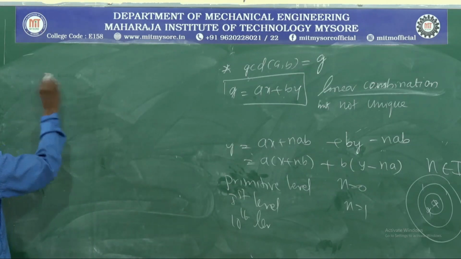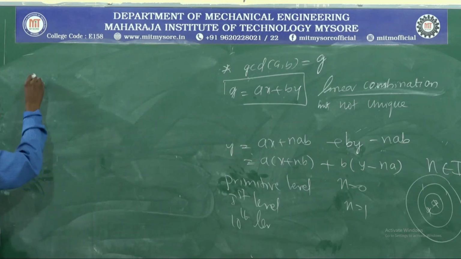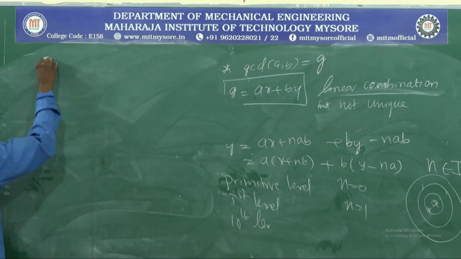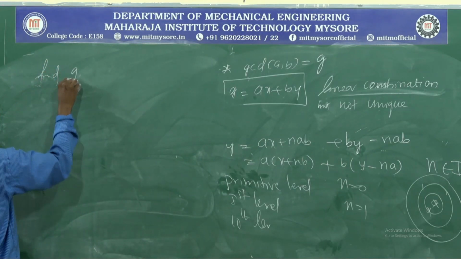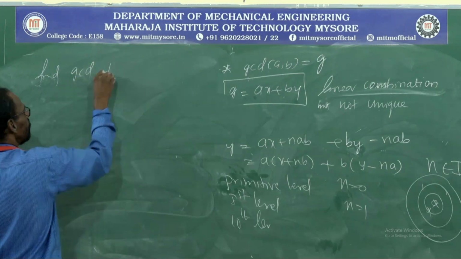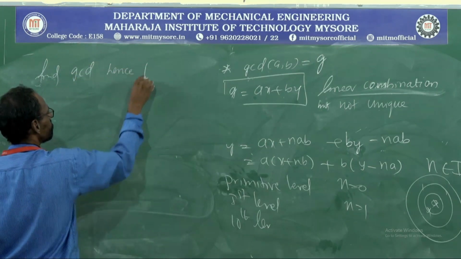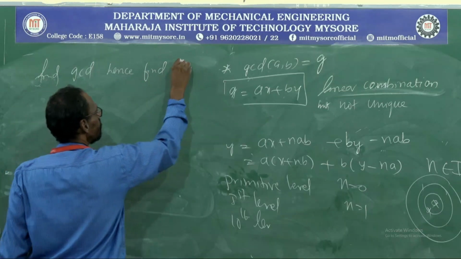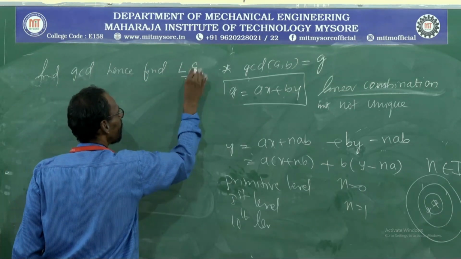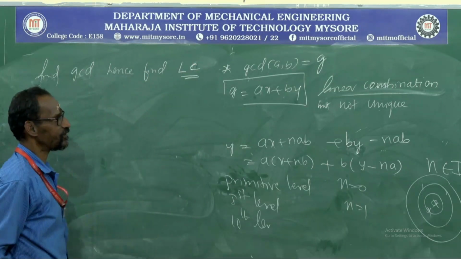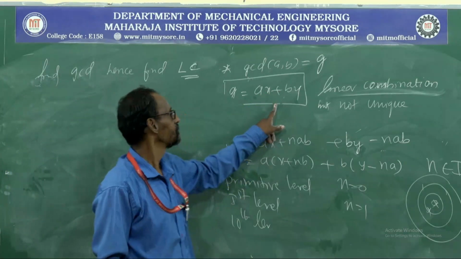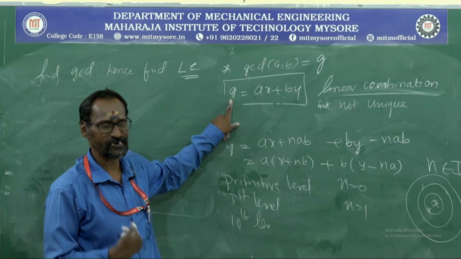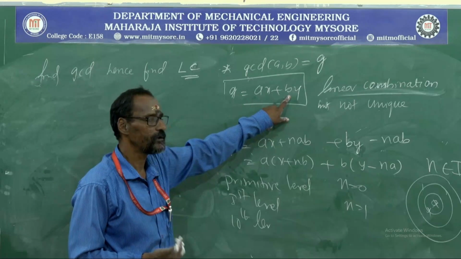The question is like this. Find GCD, hence find linear combination. This is called linear combination. What is G? What are A and B?